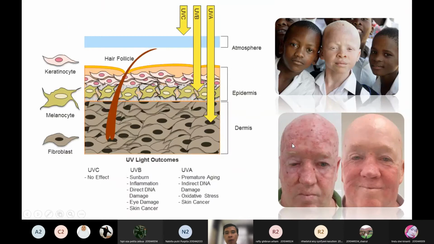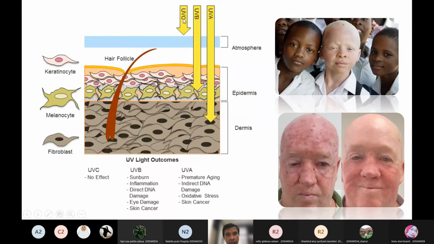And what about the UV radiations, for example, when you are playing on the beach, and then you are exposed to very high intensity and long term UV exposure, and it may damage, as you see here, that actually UV radiations could kill these cells.